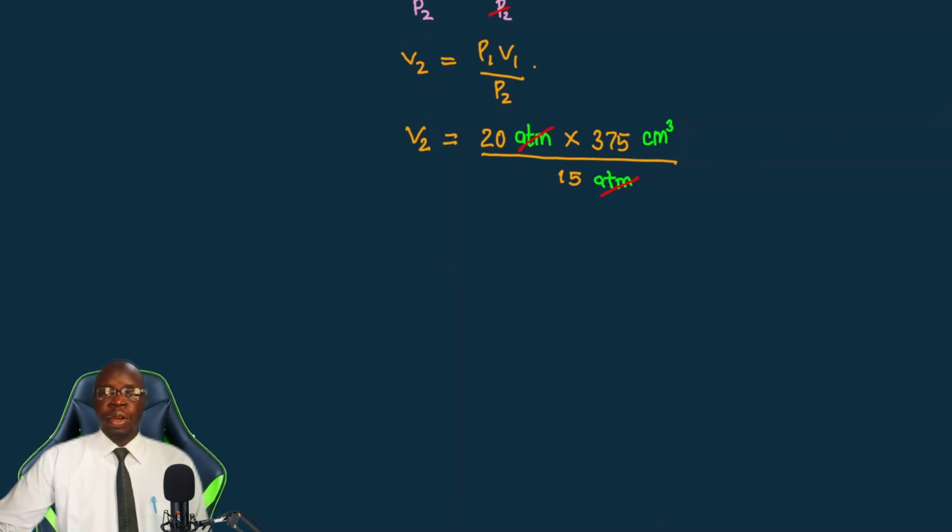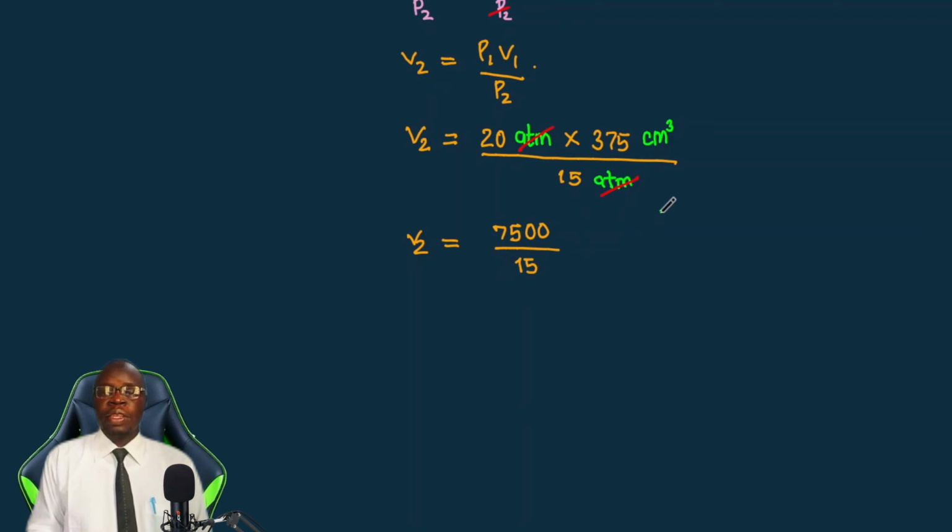Let me first work the numerator alone and see what it will bring for us. Here we have 20 times 375. That brings for me 7,500 as the numerator over the denominator 15.